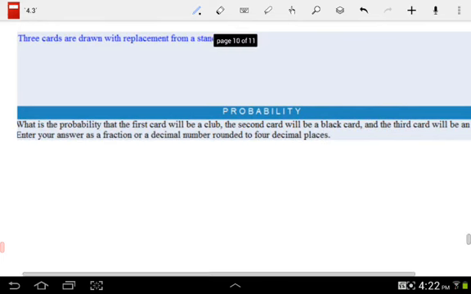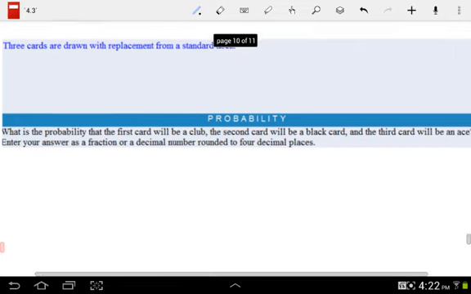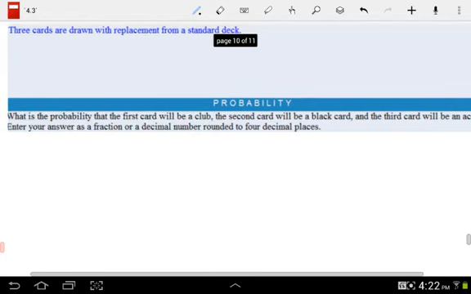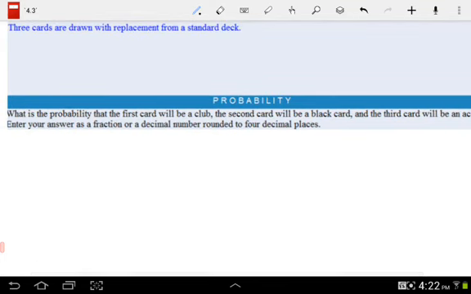Okay, another card problem, and this time it has 3, but the idea is that it's not really that different. What is the probability that the first card will be a club, the second card will be a black card, and the third card will be an ace? So what's the probability that our first card will be a club?